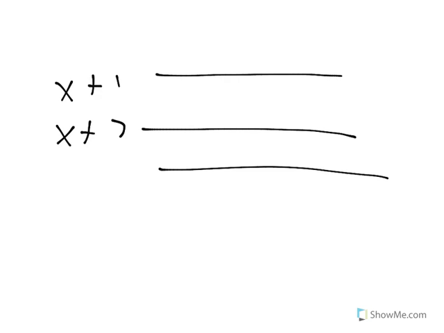Okay, so you're going to have your x plus 1 function and your x plus 7, and then your solution line on the bottom. So, at -7, and in between -7 and -1. Anything that is lower than -7 will make all these negatives.